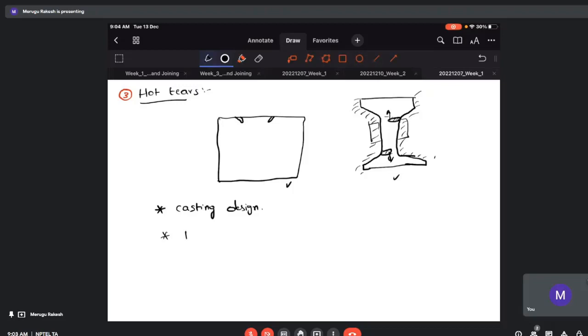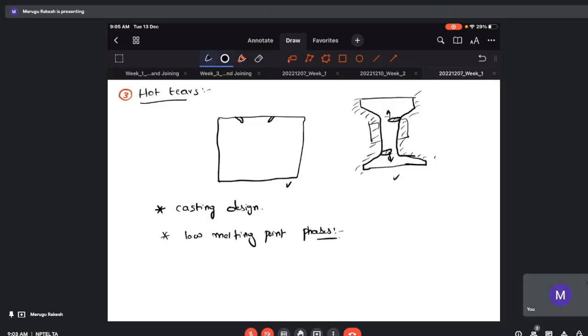the low melting point phases, such as iron sulfide in steel, and hardening elements such as magnesium in steel, which increase this tendency of hot cracking.